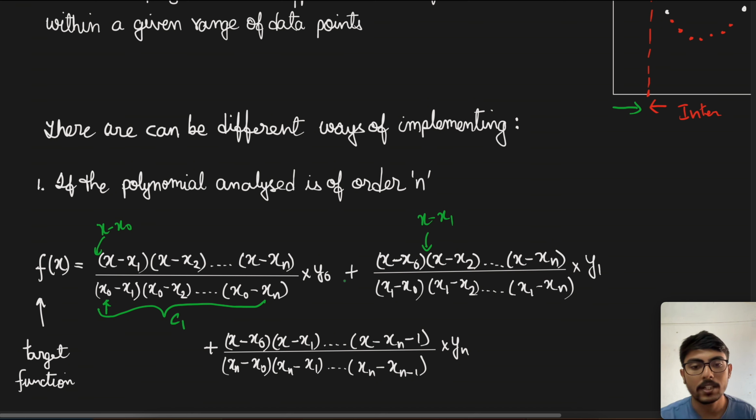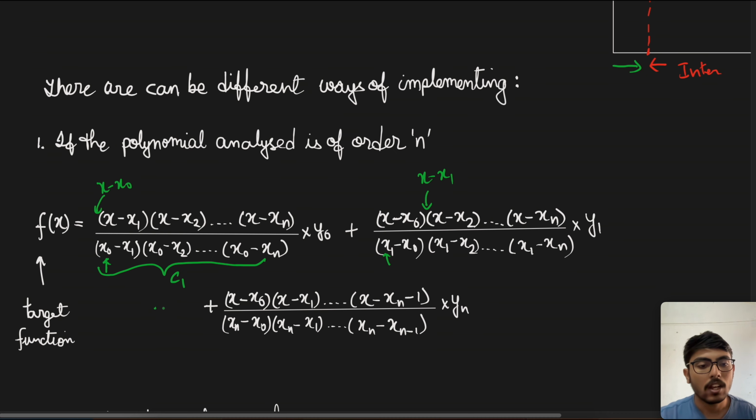In the denominator, the x1, the minuend, is like the second term, and that is followed all along: x1 minus x0, x1 minus x2, and so on. Up till the last part, the numerator will not have x minus xn, and below we have xn minus x0 followed up till xn minus x of n minus 1. And this is the target function that we want to approximate.